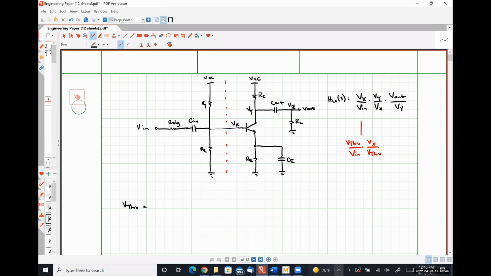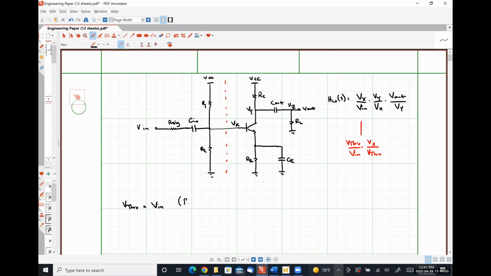Exactly right. It's a simple voltage divider circuit. So VThev is going to be the voltage present here at this node. So it's the voltage drop over R1 in parallel with R2.